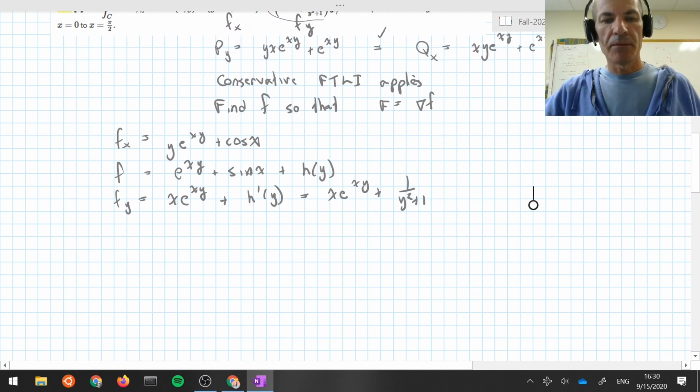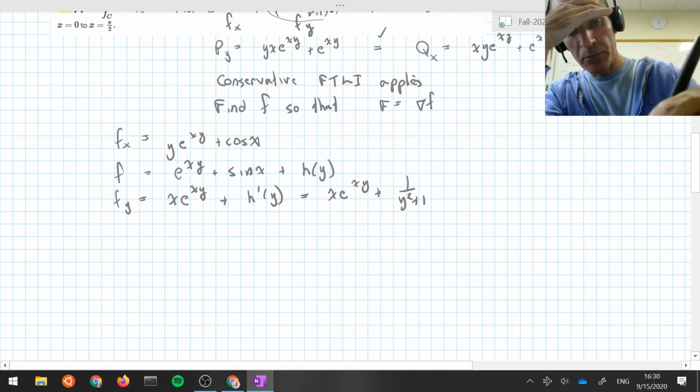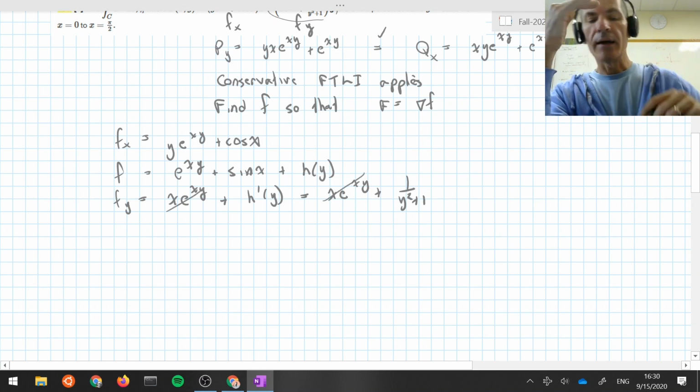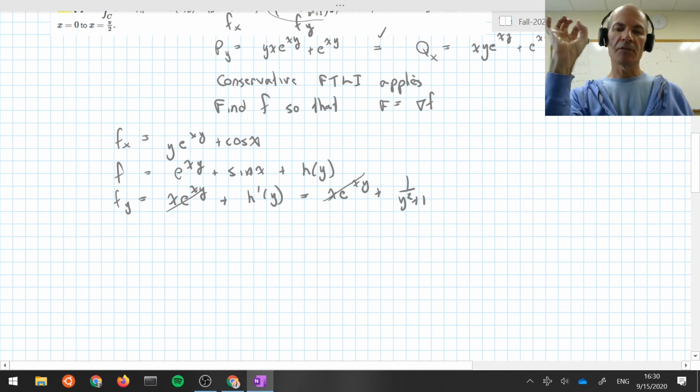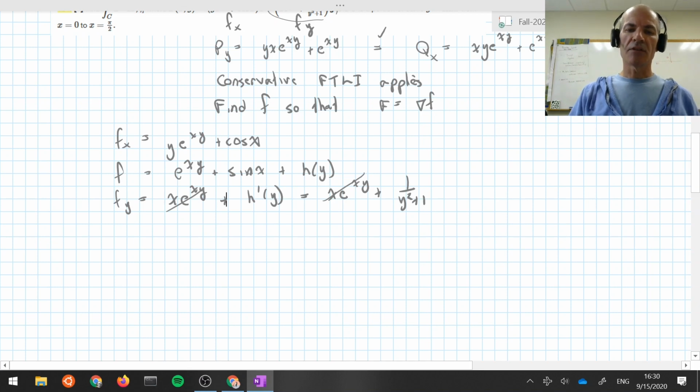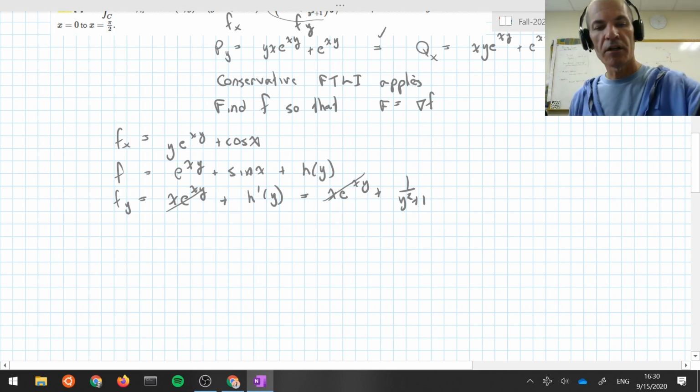All right, so now we've got this, and remember, we're trying to figure out what little h is, and conveniently this cancels, and I'm left with a function solely of y. If this does not happen at this stage, you've done something wrong, or the function is not conservative. At this stage, the left-hand side is a function solely of y. The right-hand side better also solely be a function of y. If we're going to compute h, we need to anti-differentiate this.